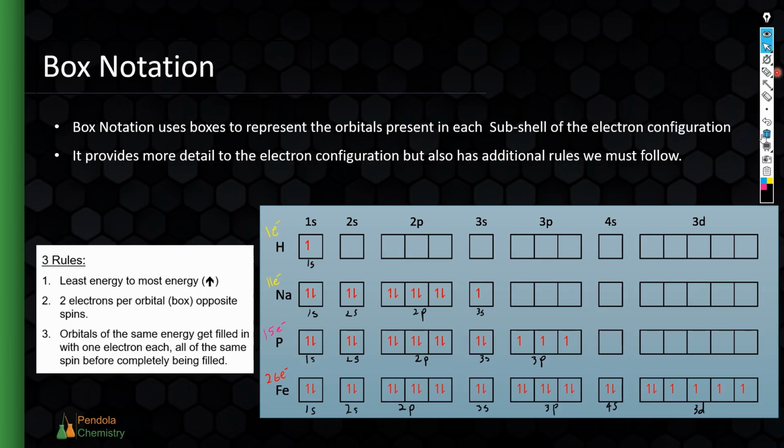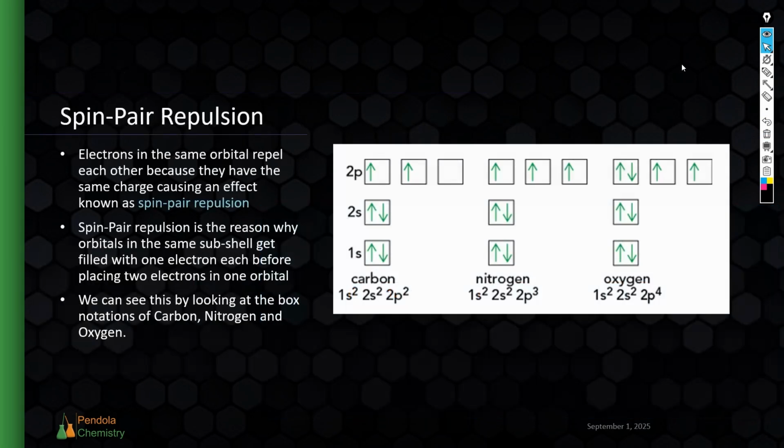Now, box notations do bring us some interesting things that we need to talk about. So we're going to go to that now. The first interesting thing here is spin pair repulsion. Spin pair repulsion refers to why those electrons can't be paired up until there's 1 in each orbital in a sublevel. Electrons in the same orbital obviously are going to repel each other, and we call this spin pair repulsion.